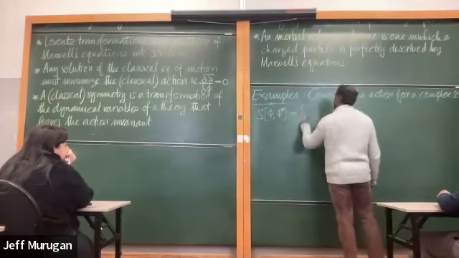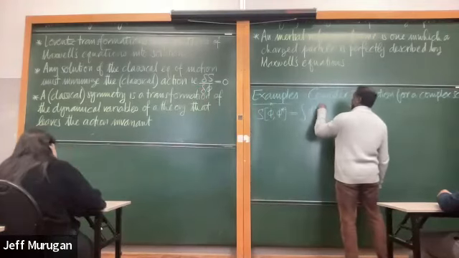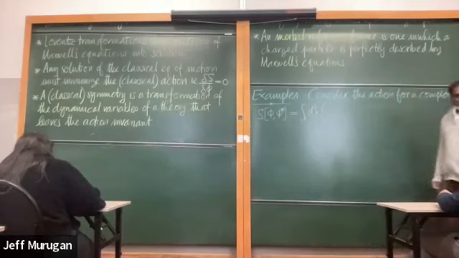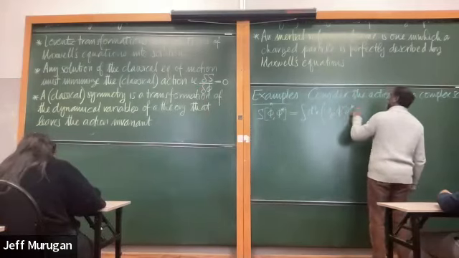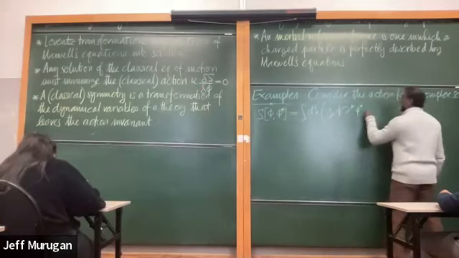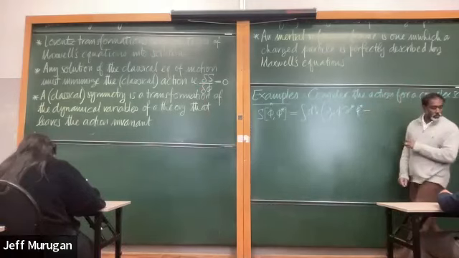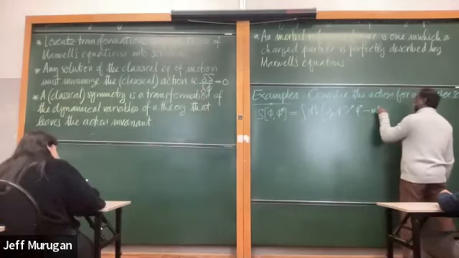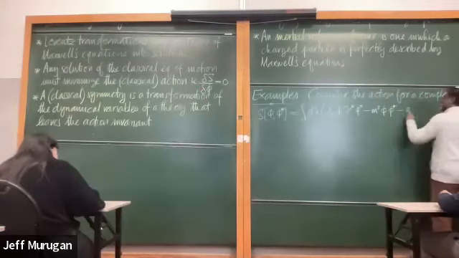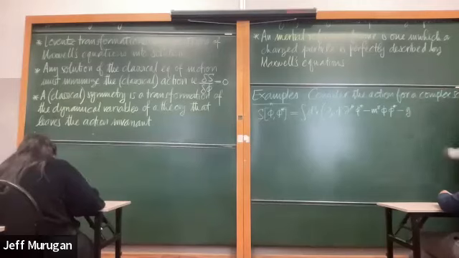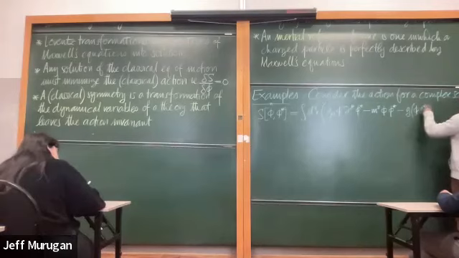So this is going to be in 4 dimensions. I'm going to use the mostly minus metric. So ∂_μ φ ∂^μ φ*, minus m² φ φ*, minus some coupling g of (φ φ*)².